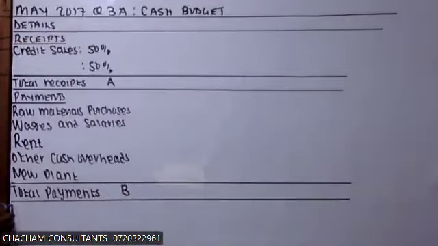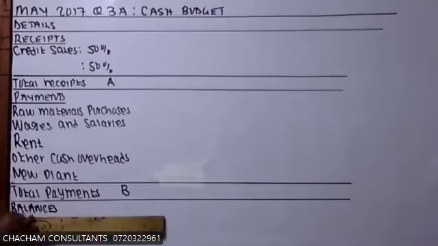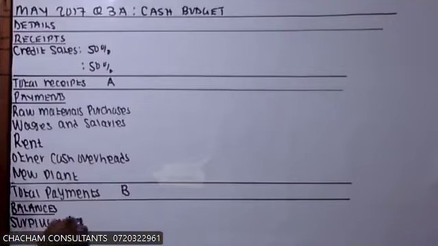Then we come to balances. The third category, balances. Now in the balances, we have the surplus or deficit.